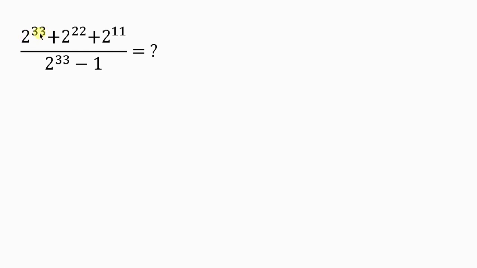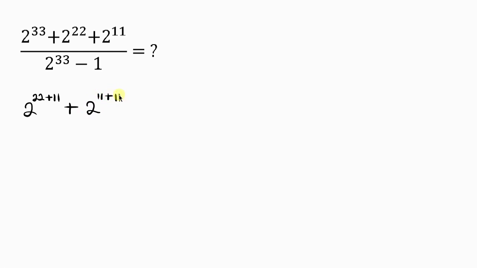So 2^33 can be simplified as 2^(22+11). You see 11 here, right? So let's do the same thing here. Plus 2^22 can be simplified into 2^(11+11).